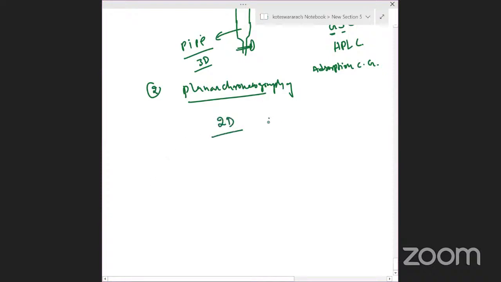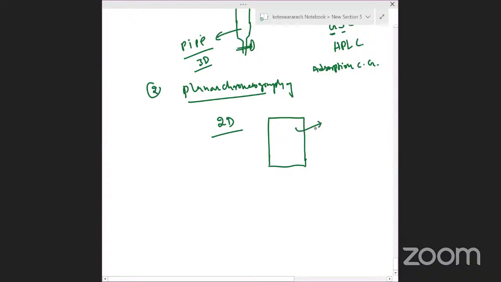That means we take a paper for running the chromatography, or we use thin layer plates. Such chromatography is called planar chromatography.